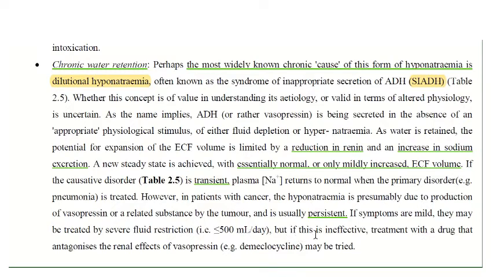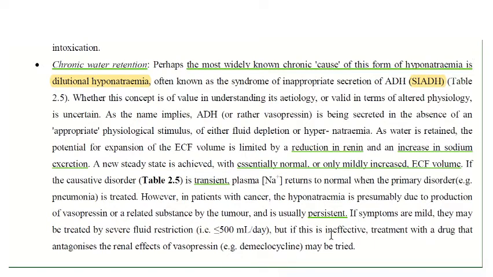But if this is ineffective, treatment with a drug that antagonizes the renal effects of vasopressin, example هذا الديميكلوسايكلين may be tried. هنا يقول إذا the symptoms are mild ربما ممكن أنه treated with severe fluid restriction اللي هو بمعنى أنه أقل أو يساوي 500 ml per day.